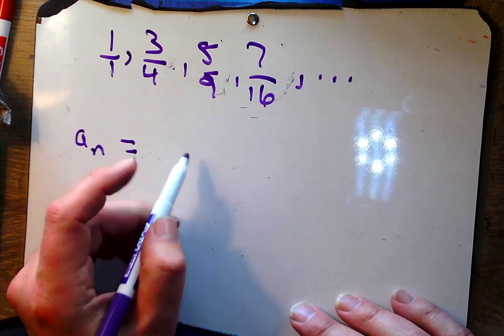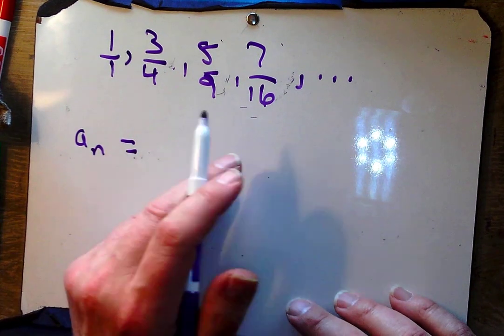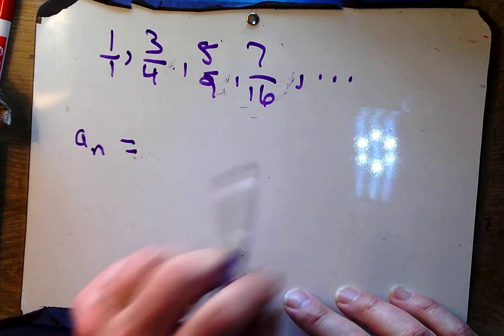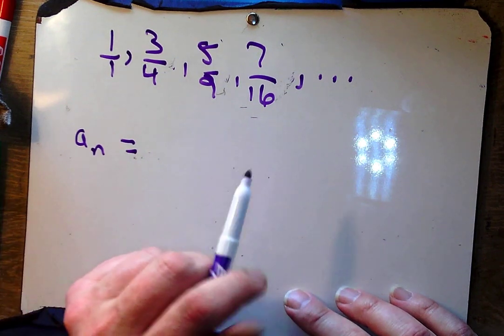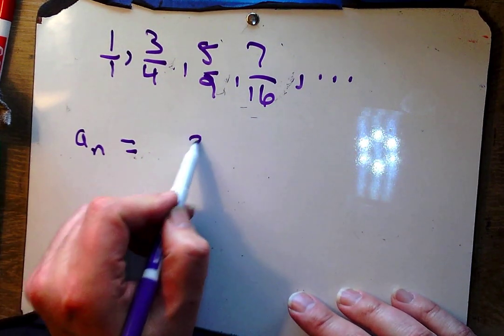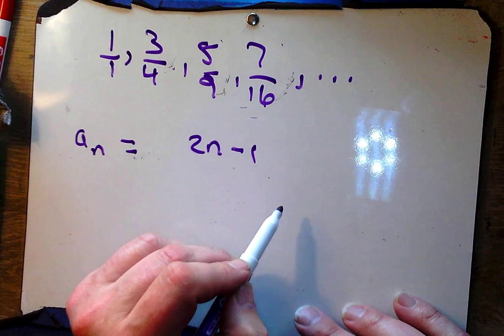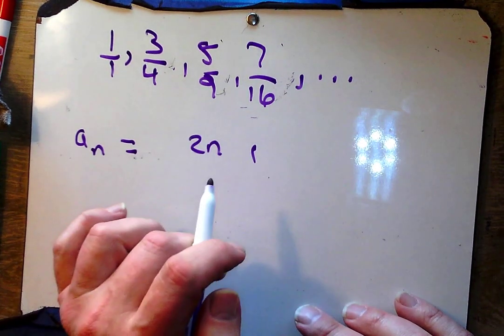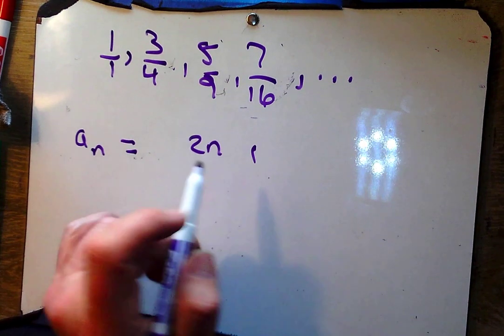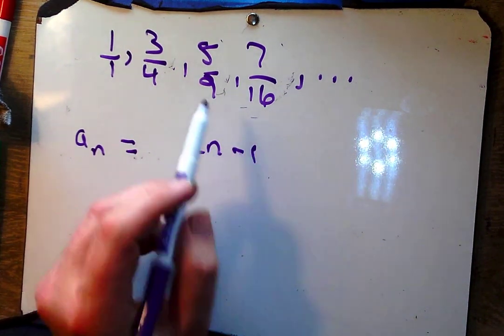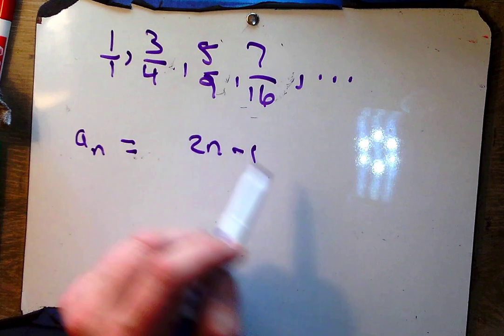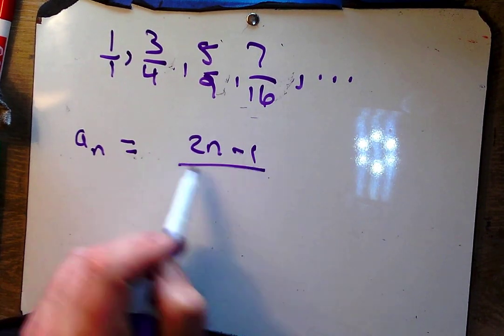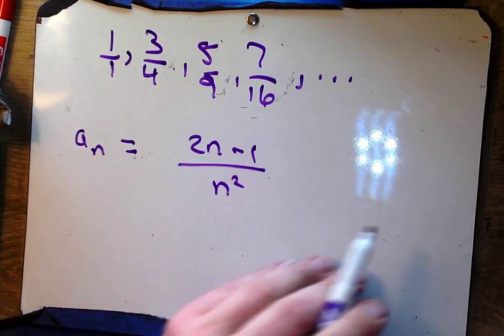Now, I know, and I suspect you know, but maybe you don't, if I take my term number, 2n minus 1, 3, yeah. That's my rule for the top, and on the bottom, and then squared.